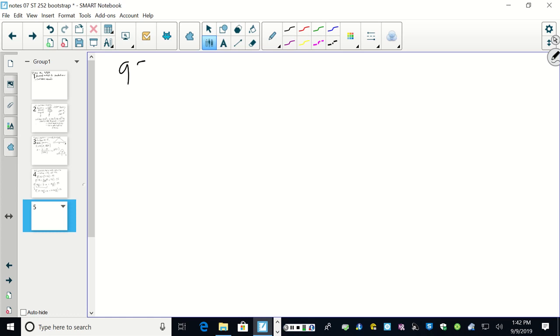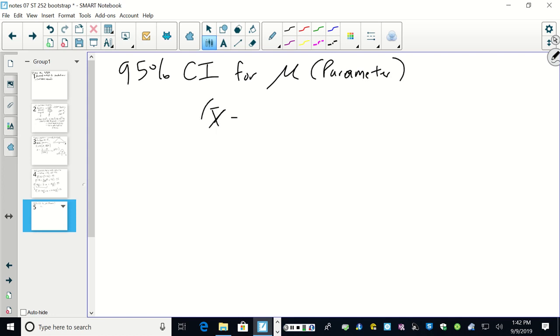So we say a 95% confidence interval, a little CI abbreviation there, for mu. We always use an interval to tell us where a parameter is. For that parameter, the interval is x bar minus 1.96 sigma over the square root of n, and x bar plus 1.96 sigma over the square root of n, if we knew sigma.